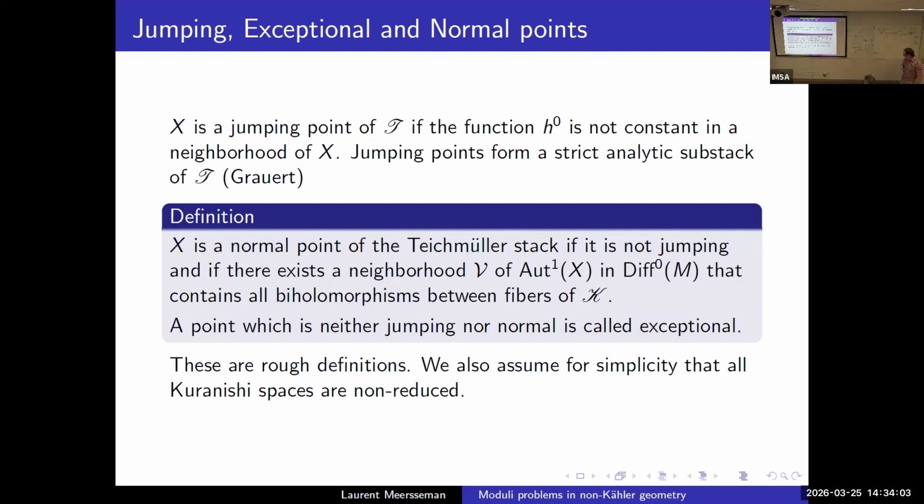Also, I assume for simplicity that all the Kawanishi spaces that I am dealing with are reduced. In the non-reduced case, you can adapt all this, but of course it brings more complexity. So we are reduced.